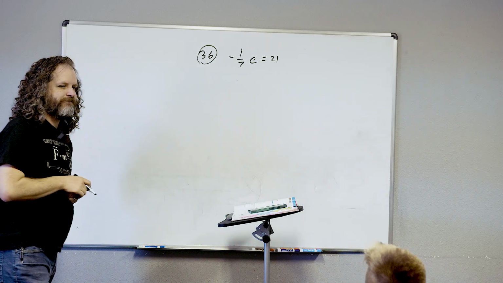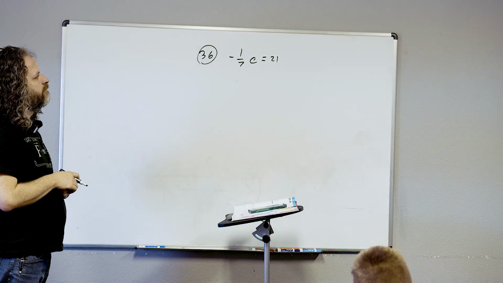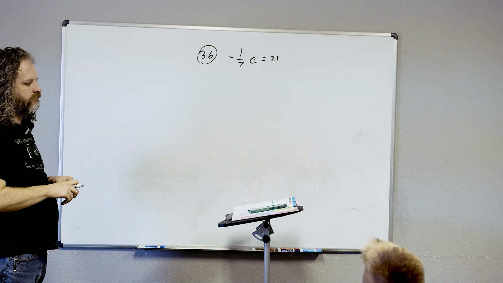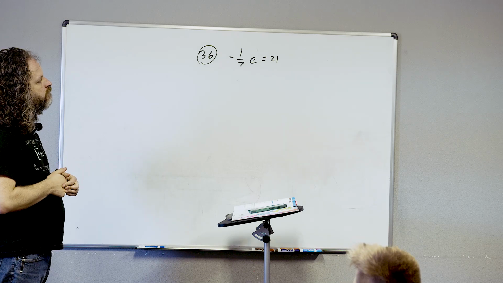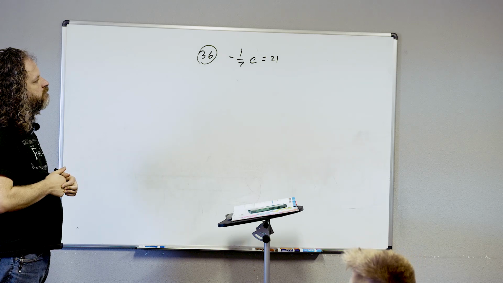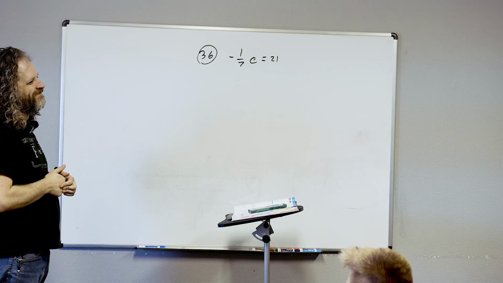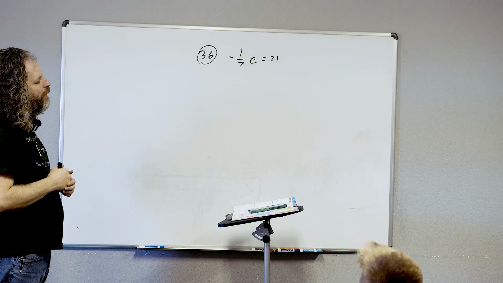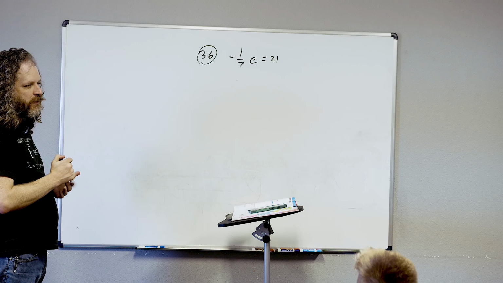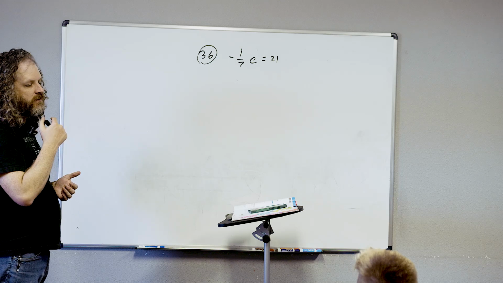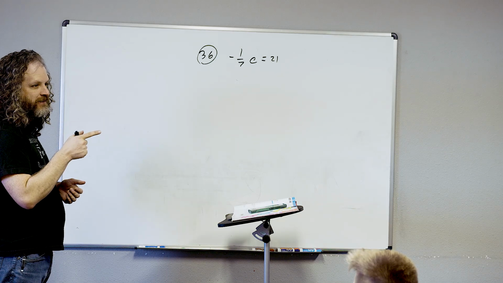What do we do? Flip 7 over 1 and multiply. Or add. We multiply. How is the negative 1/7 attached to the C? Is it added, subtracted, multiplied, divided, something else? It's multiplied, yeah?